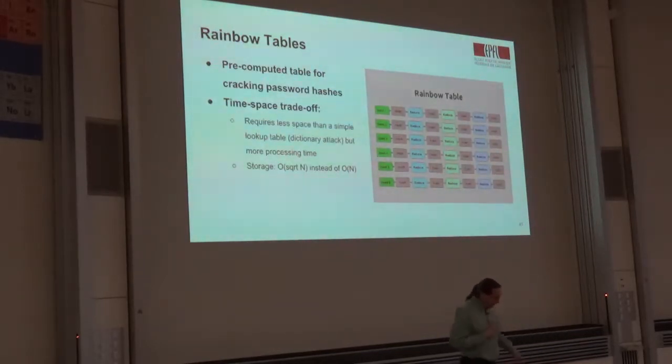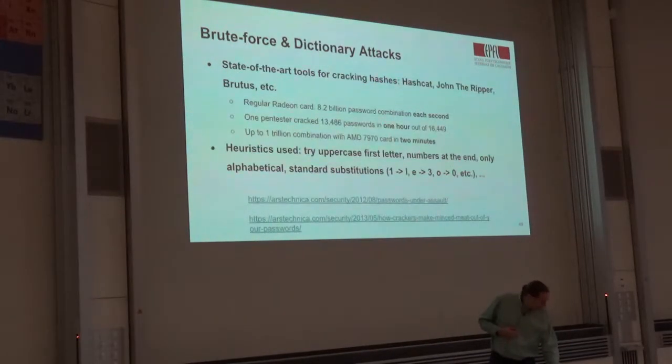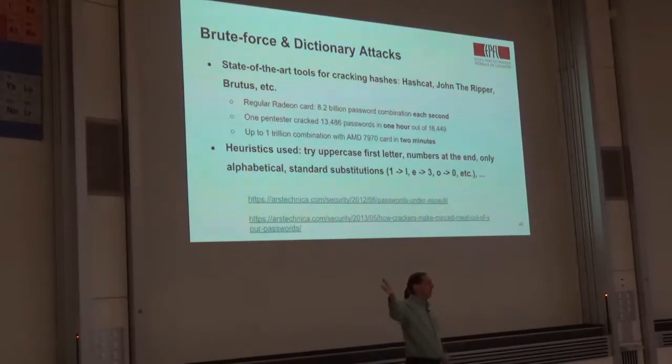So I mentioned rainbow tables briefly. So what are rainbow tables? So the problem with using dictionary attacks: dictionary attacks are super effective if you can store an enormous dictionary of clear text passwords associated with the hash, right?